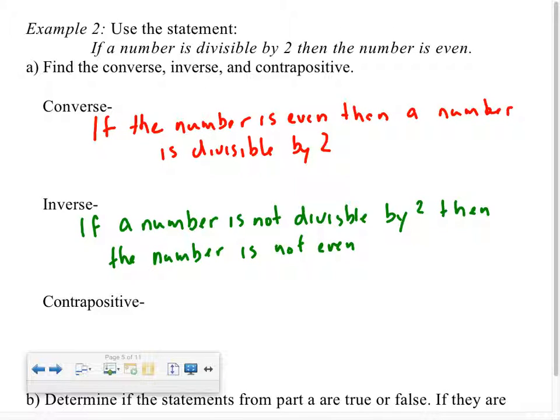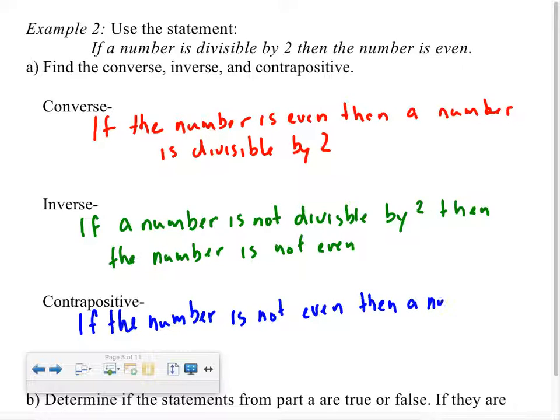Contrapositive, if the number is not even, then a number is not divisible by 2.